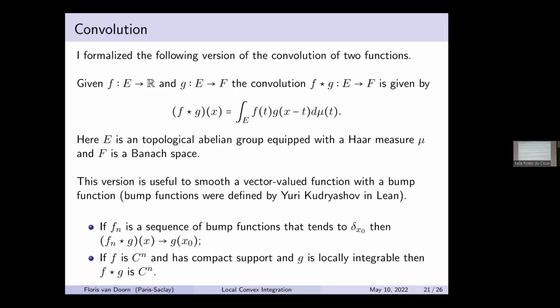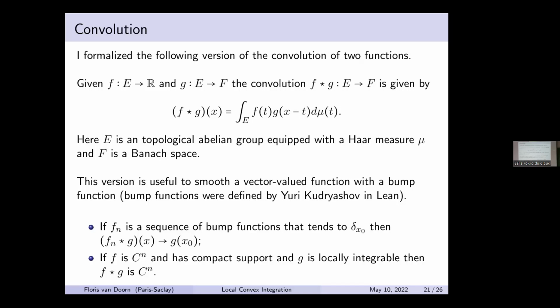I have a question on this formula definition. Is it important that E is abelian? No, and in fact, when formalizing these facts, for each result the arguments on E and F are all slightly different. I define this without assuming that E is abelian or even a topological group.